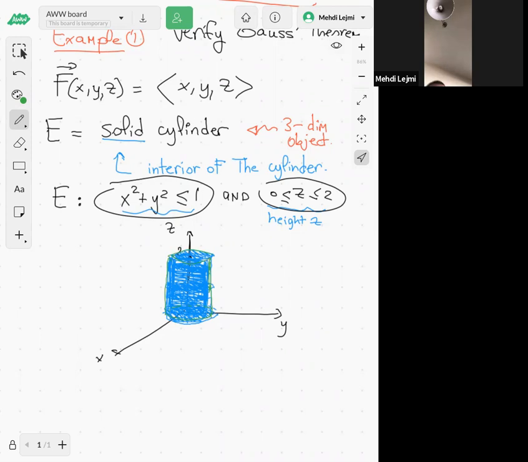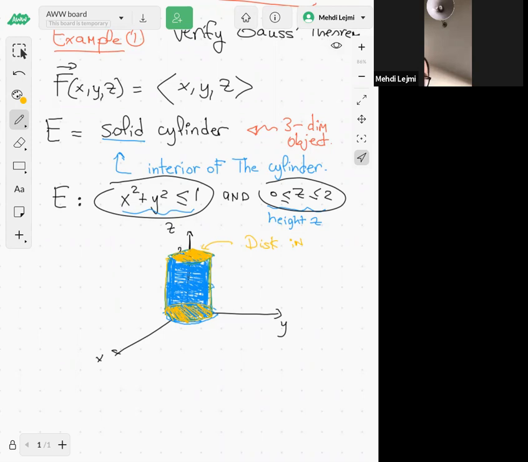Probably I'm going to use another color. Let's use yellow here. So the boundary is going to be the top here. This is in the boundary of the interior of my cylinder. The disc in the bottom is also in the boundary. Disc means, guys, the interior of a circle.